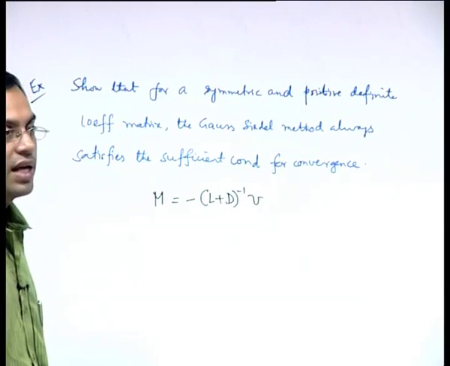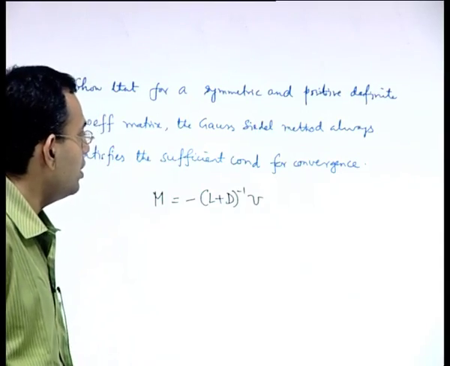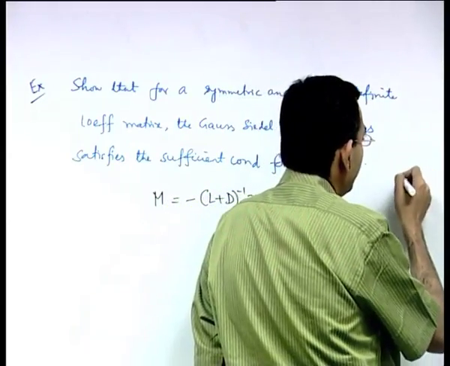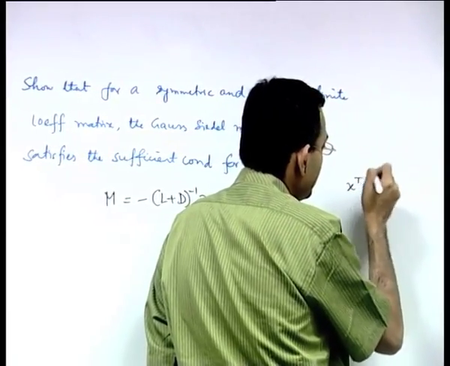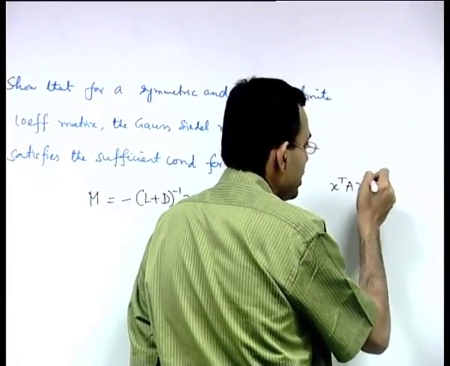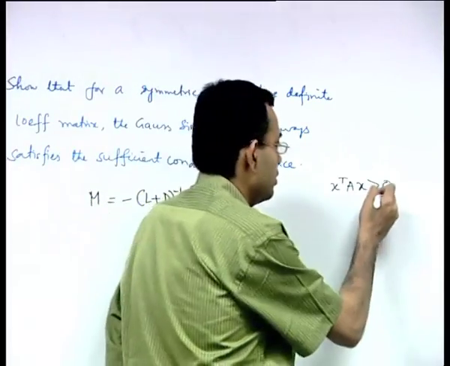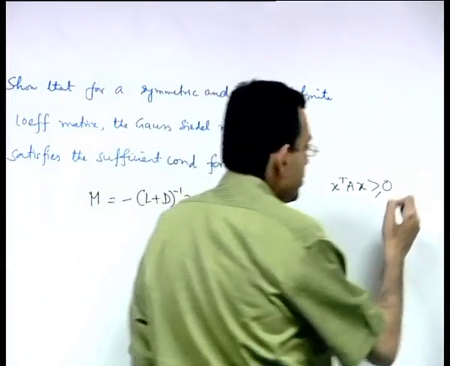Positive definite matrices have many interesting properties, we will come to that later, but just to refresh: if you have a vector x and a positive definite matrix A, then x transpose Ax is greater than 0, or you can put greater than or equal to 0. So, this means it is positive definite.